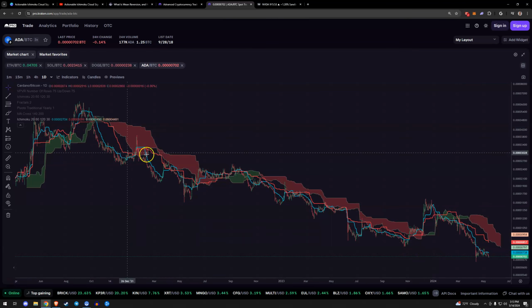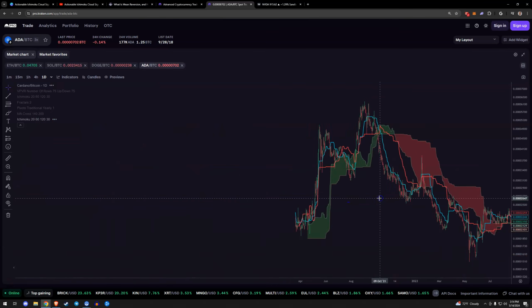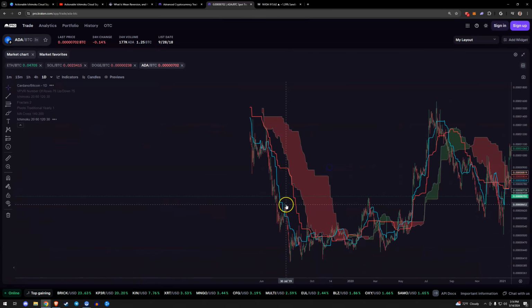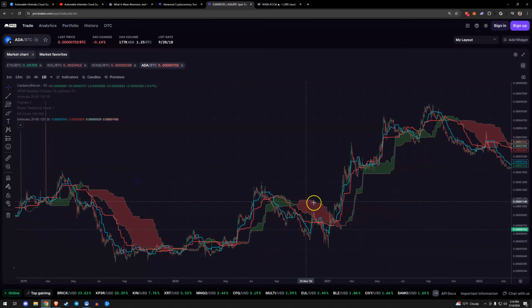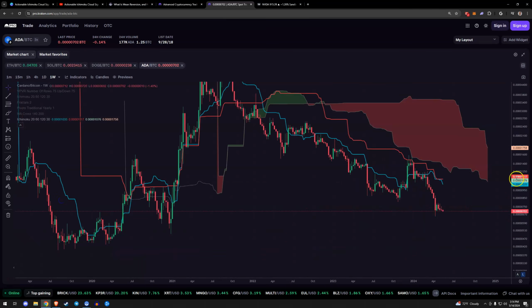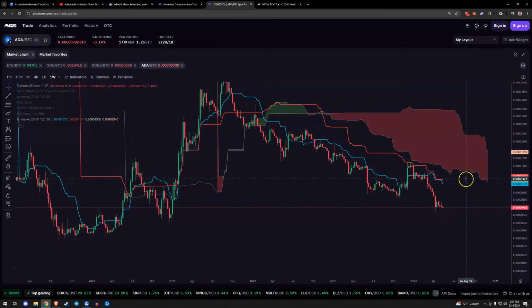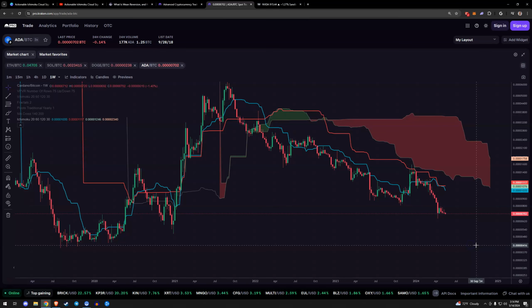It's in the wheelhouse of 2021 and 2022, certainly in the wheelhouse of 2019 there. And if we go to the weekly, I'm sure it is very, very far away from the Kijun there. So all this is saying is, look, yes, this is bearish, but don't expect continuation on the pendulum, right?